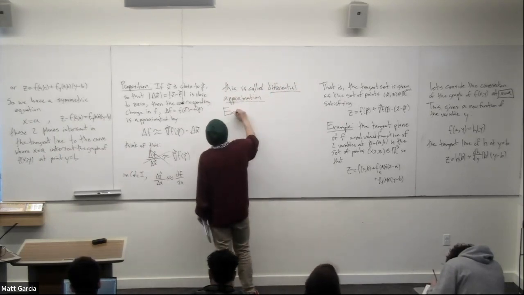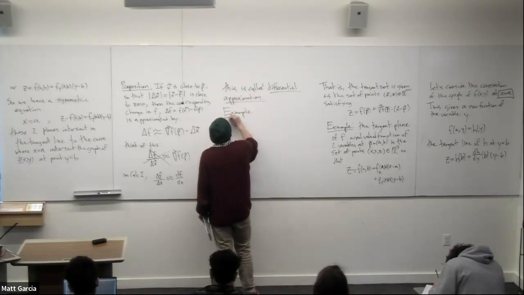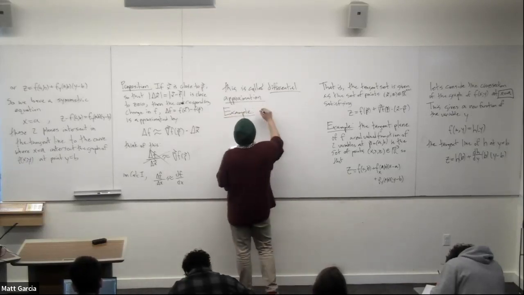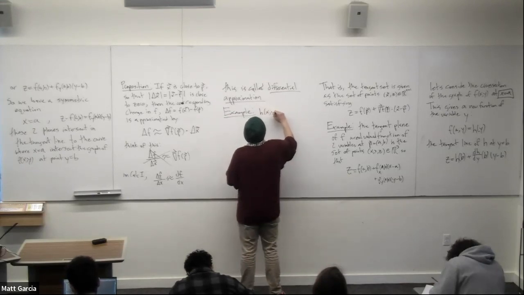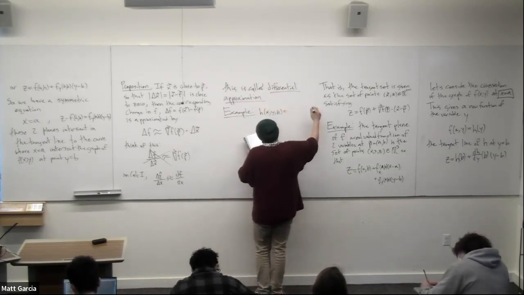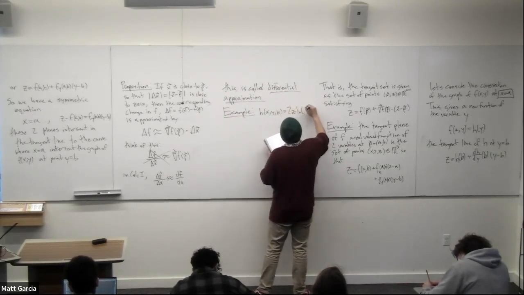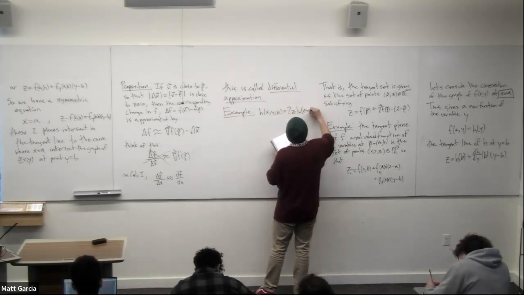One quick example. Let h of x, y, z be equal to 2z times ln of e plus x times y.